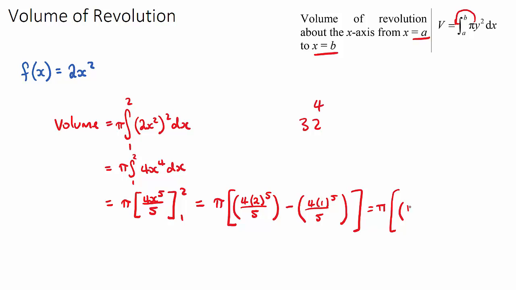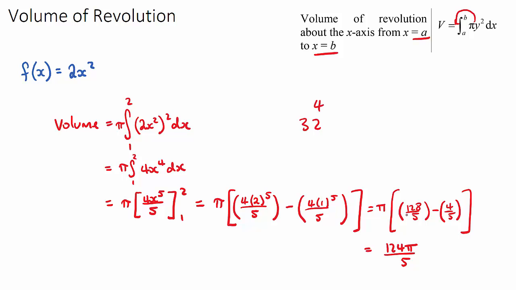So 128 over 5. And then we do subtract. And 4 times 1 to the power of 5 is just 4, so 4 over 5. So as a fraction, we're going to get 128 minus 4 over 5. So 124 over 5, and we have our pi. So 124 pi over 5. And this would be the answer if we did not have a calculator.